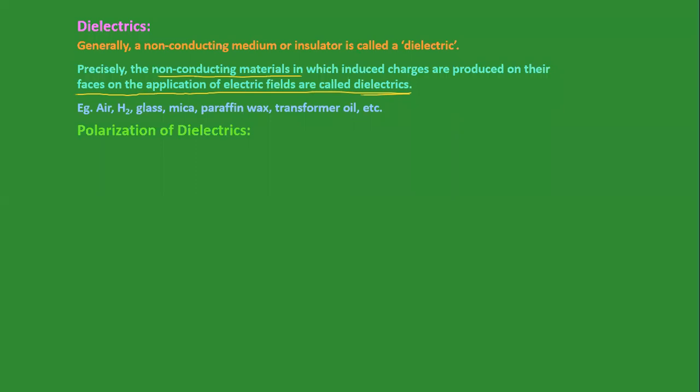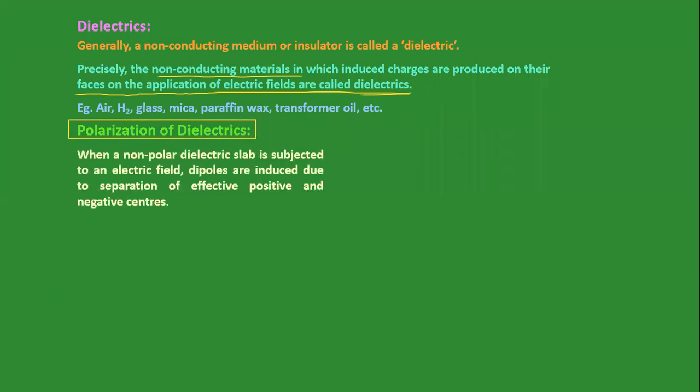Polarization of dielectric. Now, what is polarization of dielectric? So note this: when a non-polar dielectric slab is subjected to electric field, dipoles are induced due to separation of positive and negative centers.